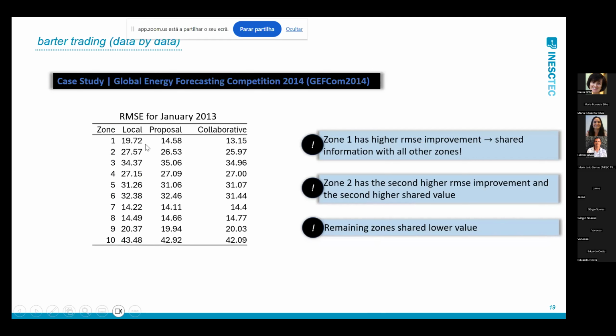If this zone used the collaborative forecasting model without restrictions, combining all the data, this would be the root mean square error. And when we force this trading of weather forecasts, where the shared value should be equal to the received, we see a value between the local model and the perfect collaborative model, and it makes sense because we are restricting some connections.